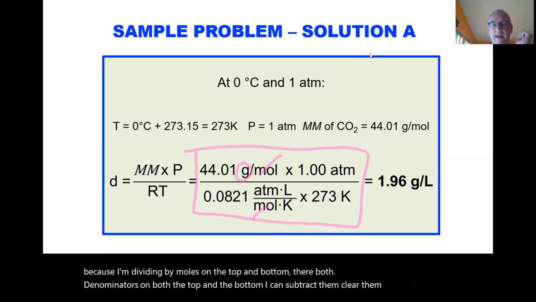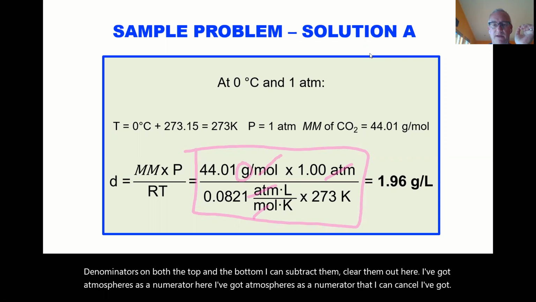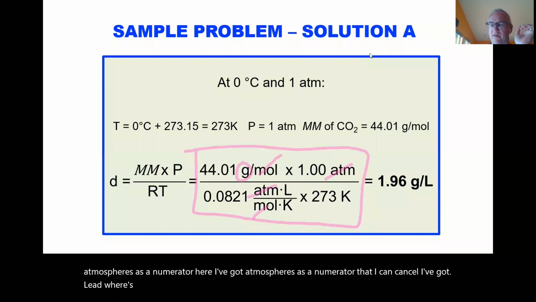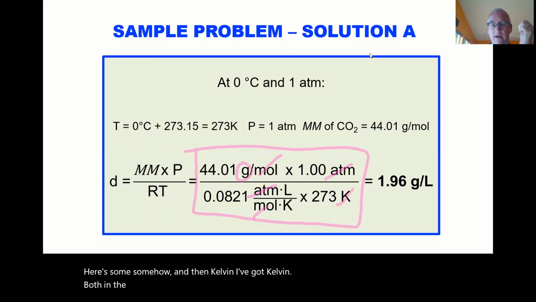Here, I've got atmospheres as a numerator. Here, I've got atmospheres as a numerator. That I can cancel. Where's my liters? I don't have any other liters there, so I'm going to be left with liters somehow. And then Kelvin, I've got Kelvin in both, but one's a numerator and the other's a denominator, so I can cancel that.